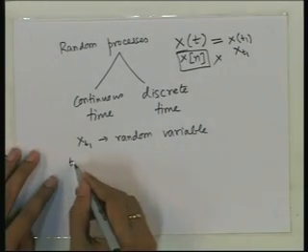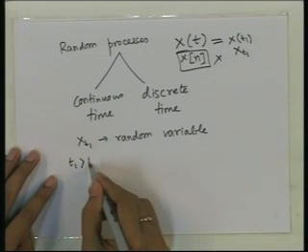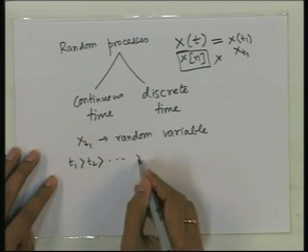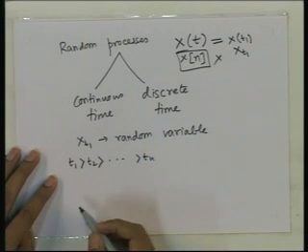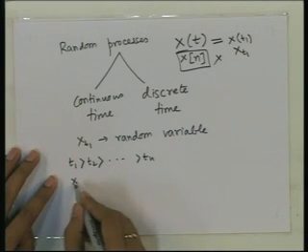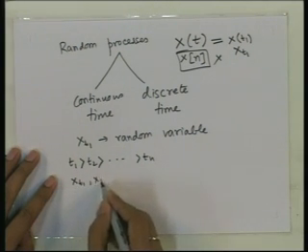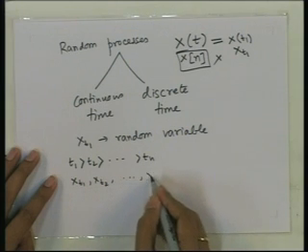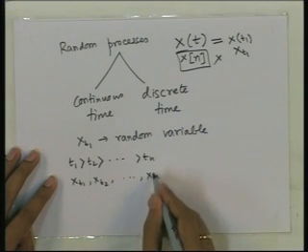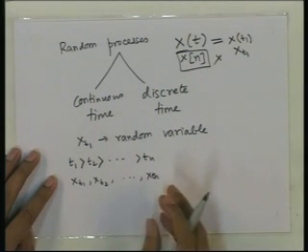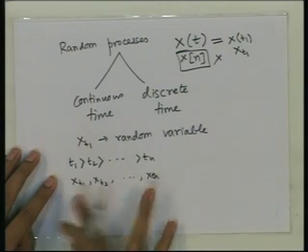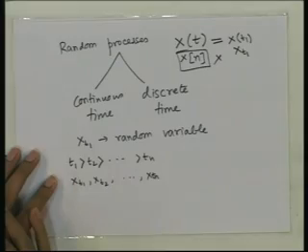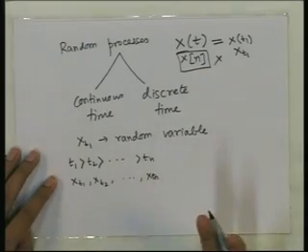Now, if you take some times t1, t2, ..., tn, n number of times in increasing order, then we can take x(t1), x(t2), ..., x(tn). They are random variables. And how do we characterize such n number of random variables? Obviously, by their joint PDF.